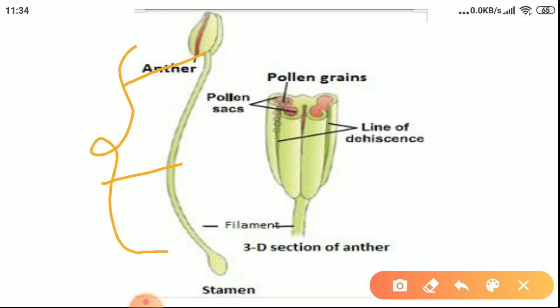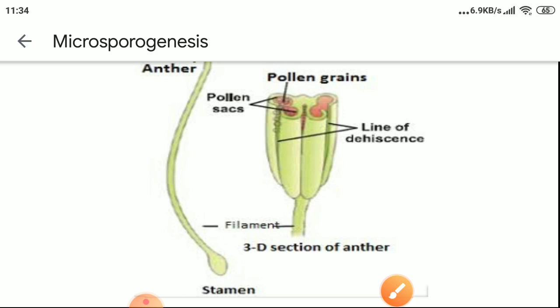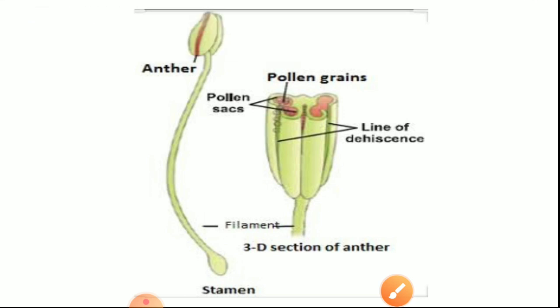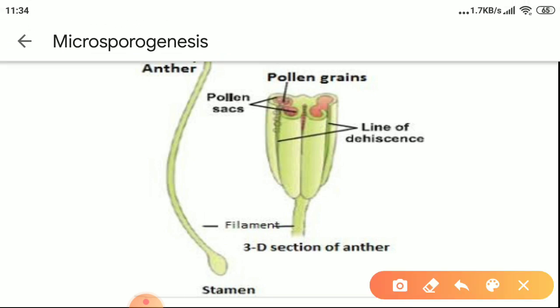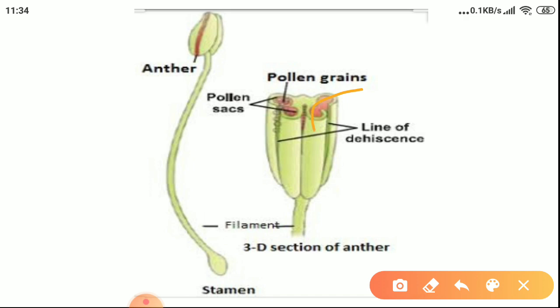Together it is called androecium or stamen. If you cut a TS of the structure, you will find a structure like this, where you can see two lobes. This is the first lobe and this one is the second lobe.